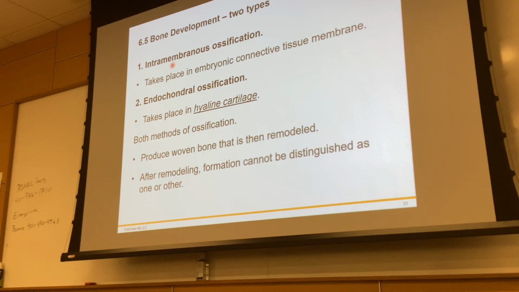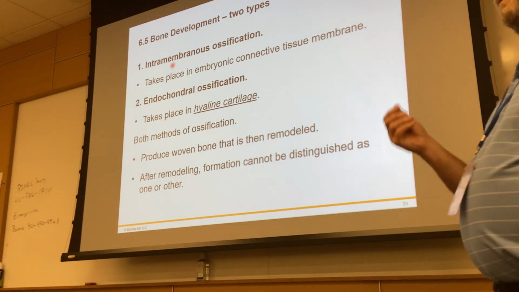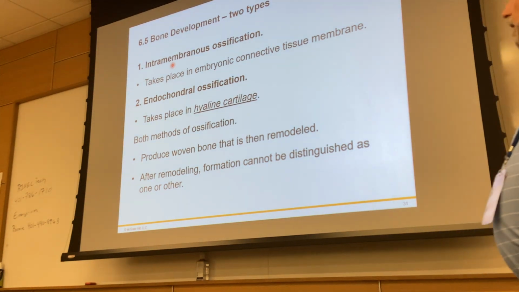The ossification process is going to be embedded in those membranes. If it's the periosteum, we're making compact bone. If it's the endosteum, we're making spongy bone. This generally takes place in embryonic connective tissue, but elsewhere as well, and it continues on throughout our lives.